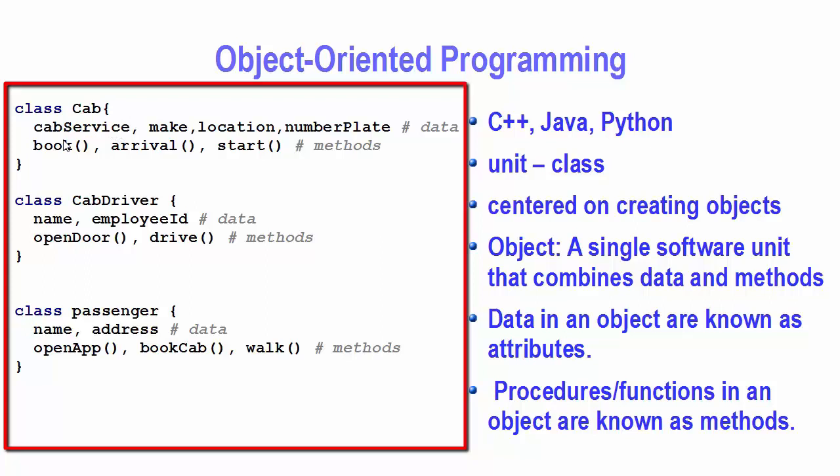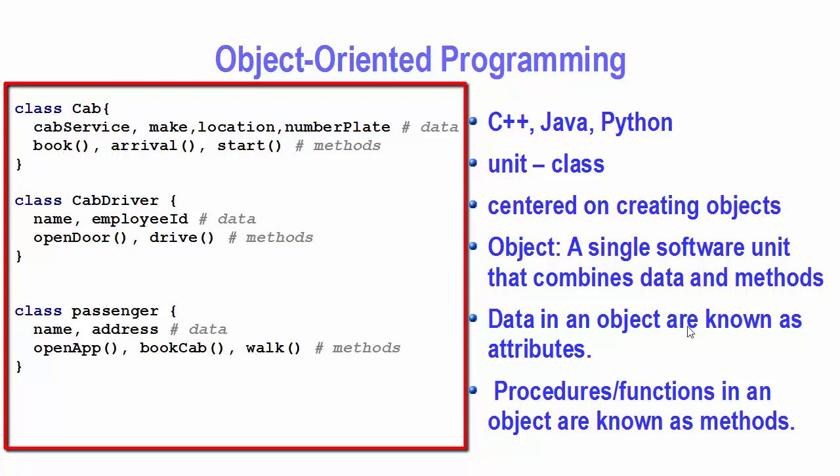The other thing which a class can have is called a method. Earlier we have seen that we can create functions, and when these functions are used inside a class, they are called methods. So functions inside a class are called methods.